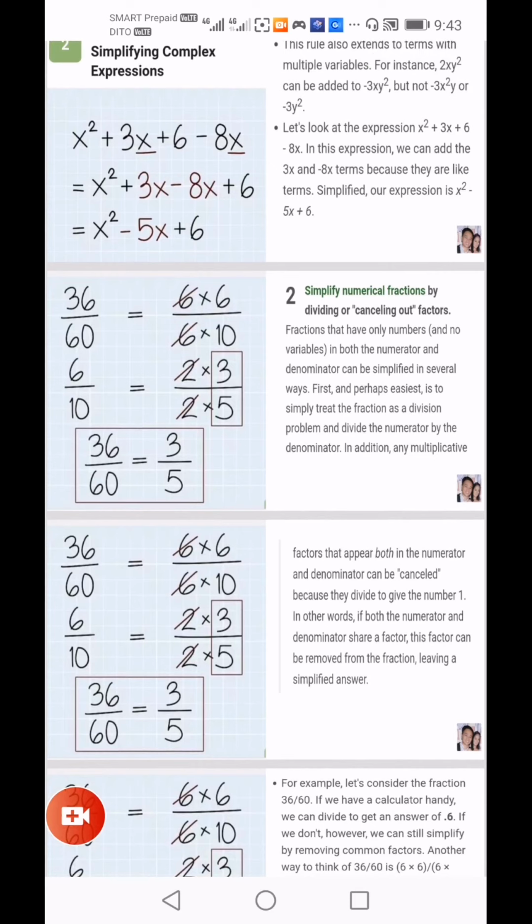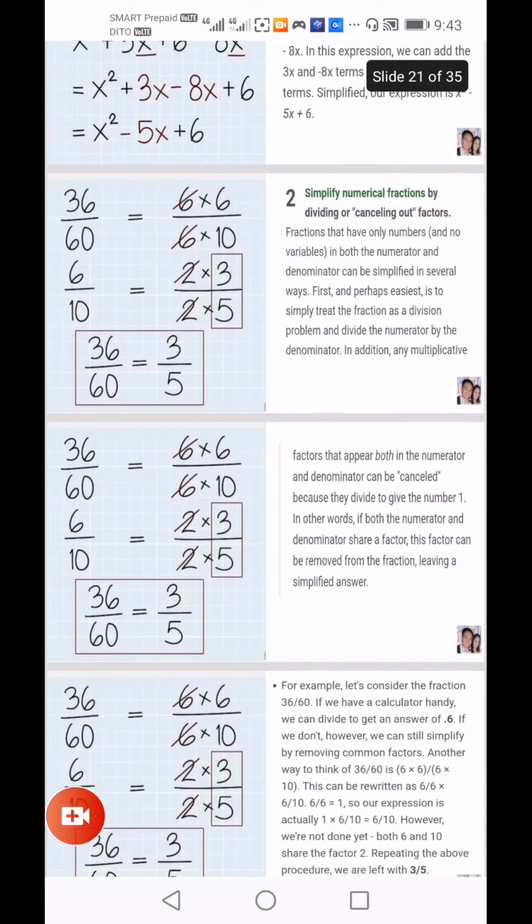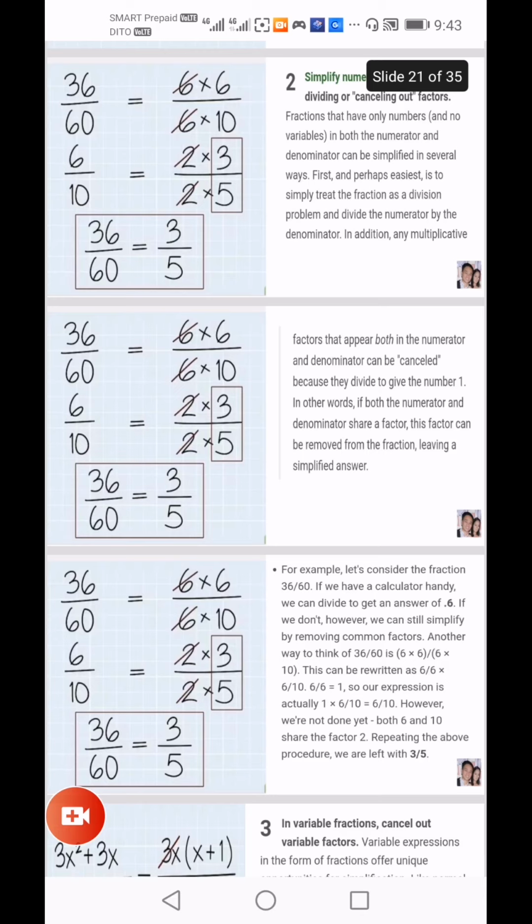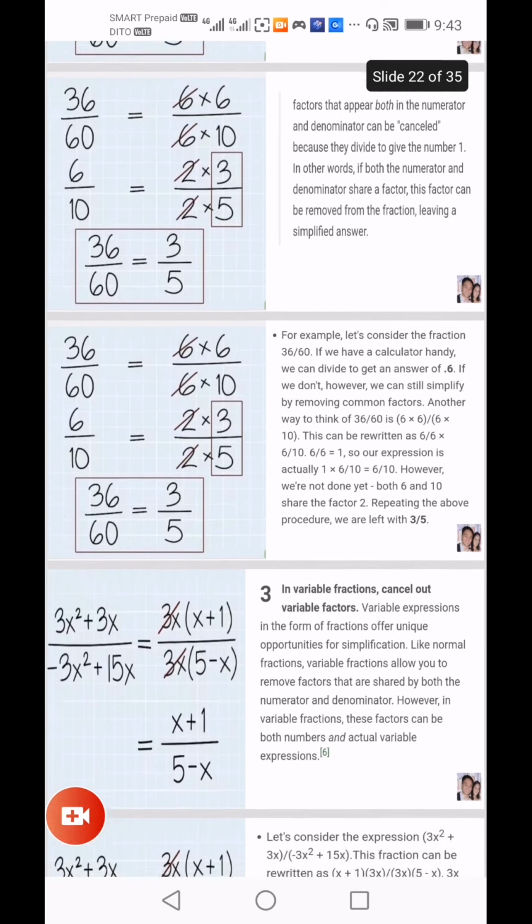In addition, any multiplicative factors that appear both in the numerator and denominator can be cancelled because they divide to give the number 1. In other words, if both the numerator and denominator share a factor, this factor can be removed from the fraction, leaving a simplified answer.